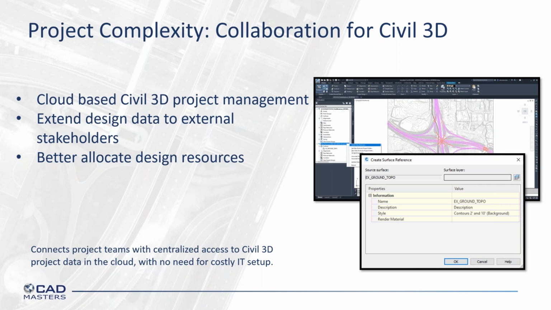You can also better allocate resources and assign the best team members with the most relevant skill sets to each project. So you're not constrained to just the people in one office. You're not constrained to the projects just in one location. Now you can distribute that and access everything from everywhere.